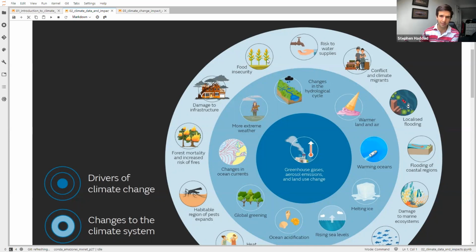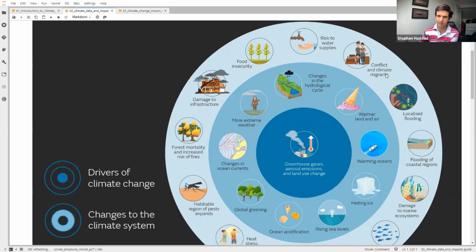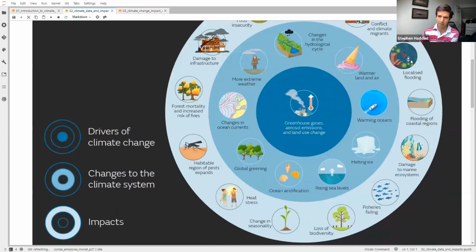This insecurity and damage might lead to conflict and climate migrants, greater flooding, both from extreme rainfall events and from sea level rises. Damage to our marine ecosystems and fisheries might again exacerbate food insecurity. Those are all different ways in which changes to the climate system then impact on the world, in particular on individuals and businesses.